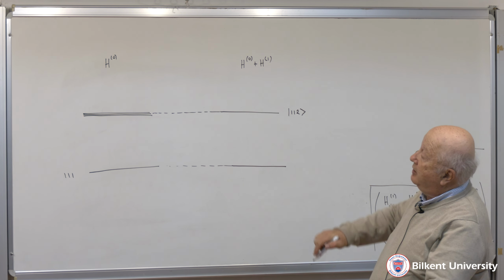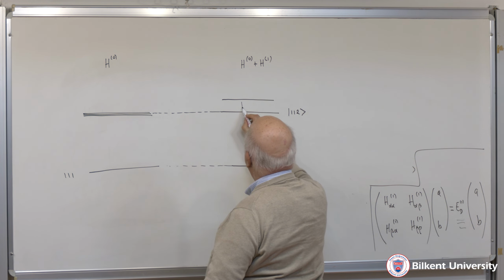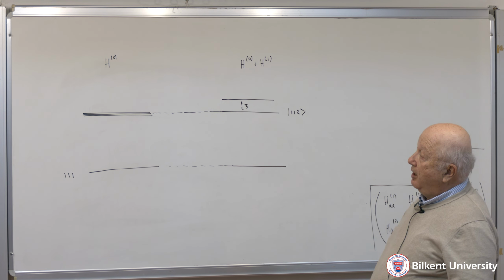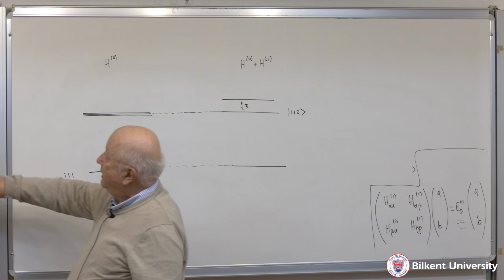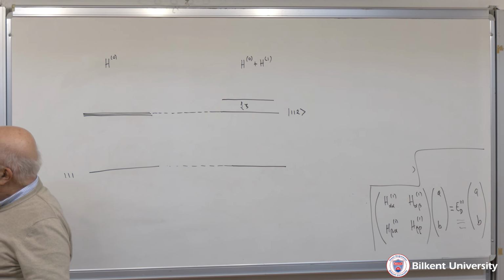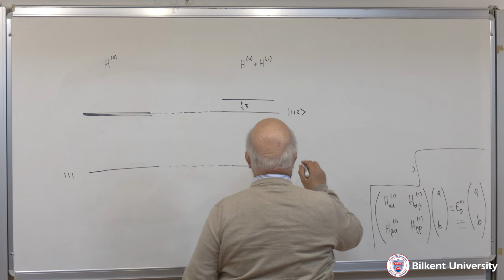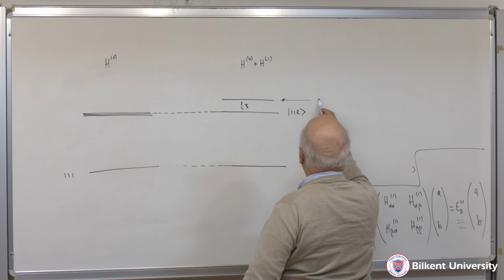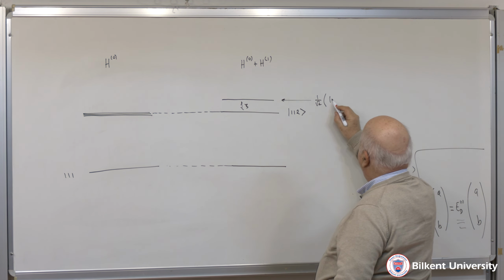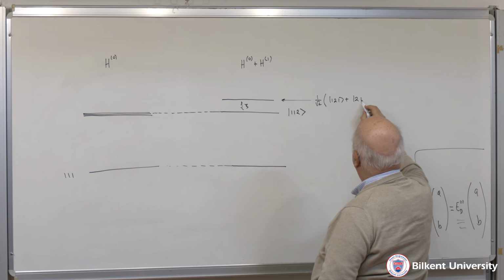There will be one state which is going to have an energy which is higher by this variable c, and it's going to have a wave function associated with it, which is going to be 1 over root 2, the second one plus the third one. So this one is going to be 1 over root 2, 1, 2, 1 plus 2, 1, 1.